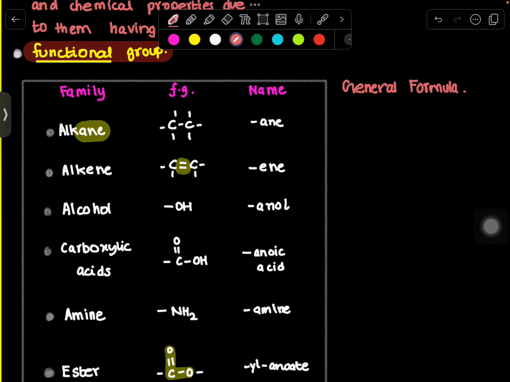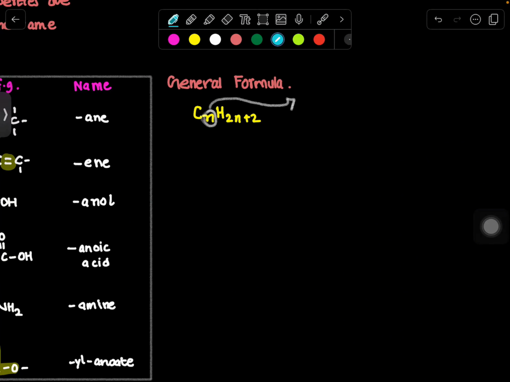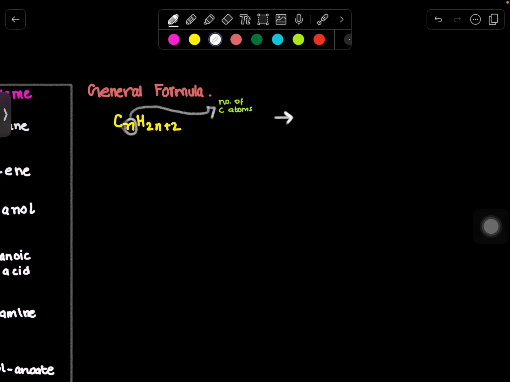For alkanes, the general formula is CnH2n+2, where n represents the number of carbon atoms. Let's say that I tell you that the number of carbon atoms is 4. Then you can just plug in this number for n and get your formula.